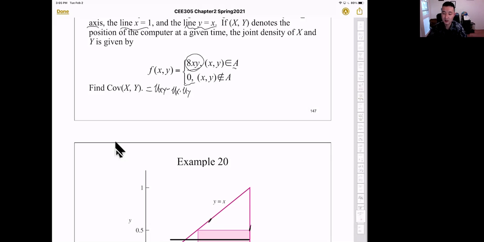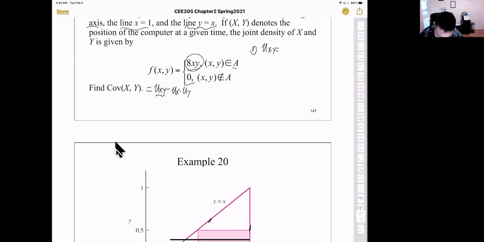The first one is mu xy, the mean value of x times y.